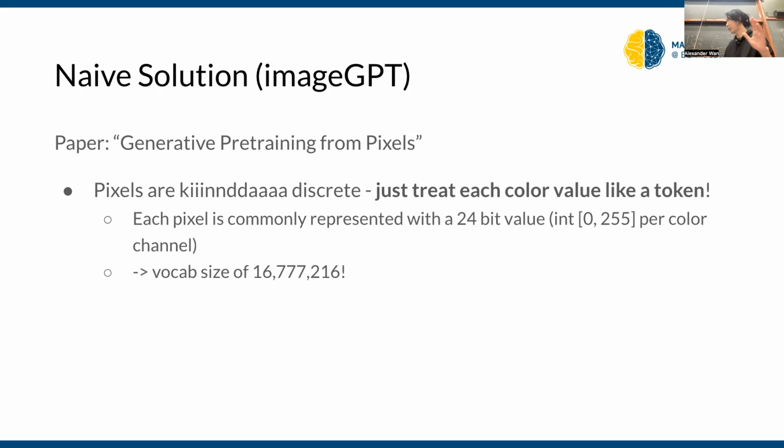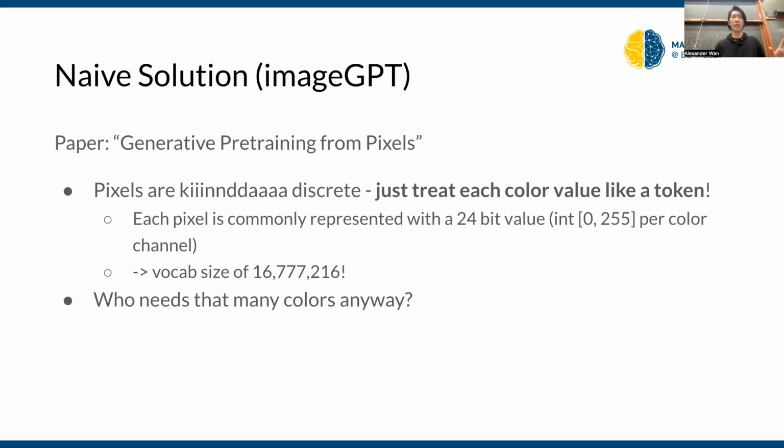That's our assumption. Each pixel value is a token, and then each token has 256 times 256 times 256 possible values, because that's the number of color values there are in our representation. That's too much because we just can't store an embedding table of 16 million.